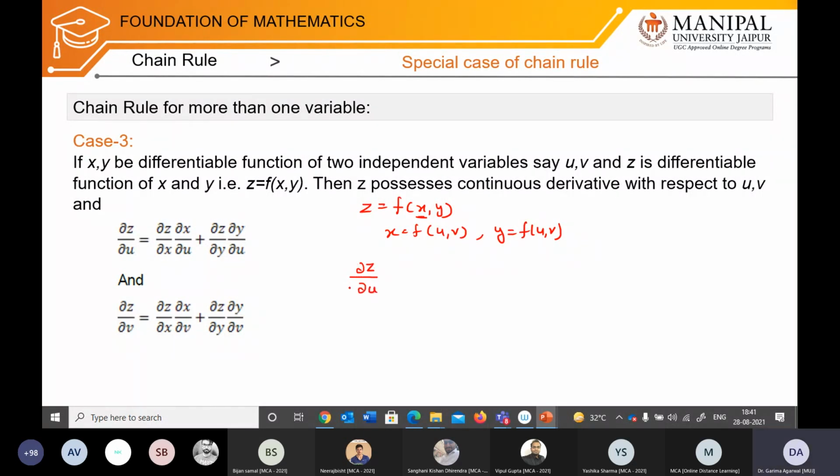So we can find partial differentiation of z with respect to u and v. Two options are there. So let's start with del z by del u. Here we can see z is a function of x and y, so just write del z by del x and del z by del y. Now x is a function of two variables u and v, but we are differentiating with respect to u.